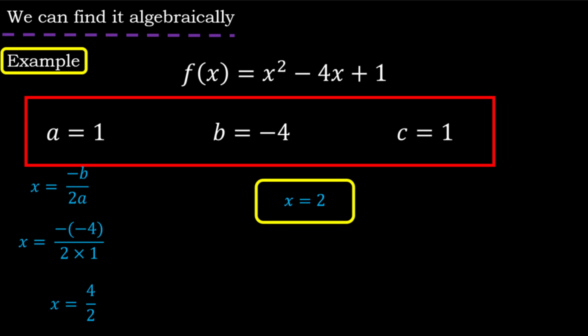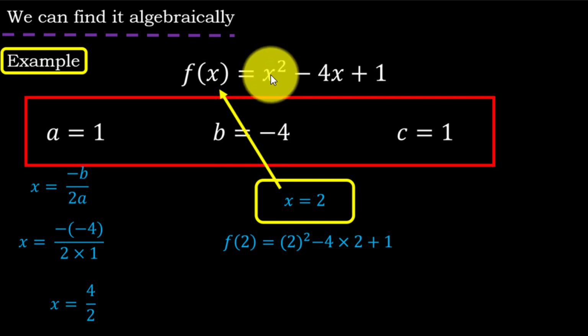To find the value of y, just find f of 2. F of 2 equals 2 squared minus 4 times 2 plus 1. Just cancel x and write 2.